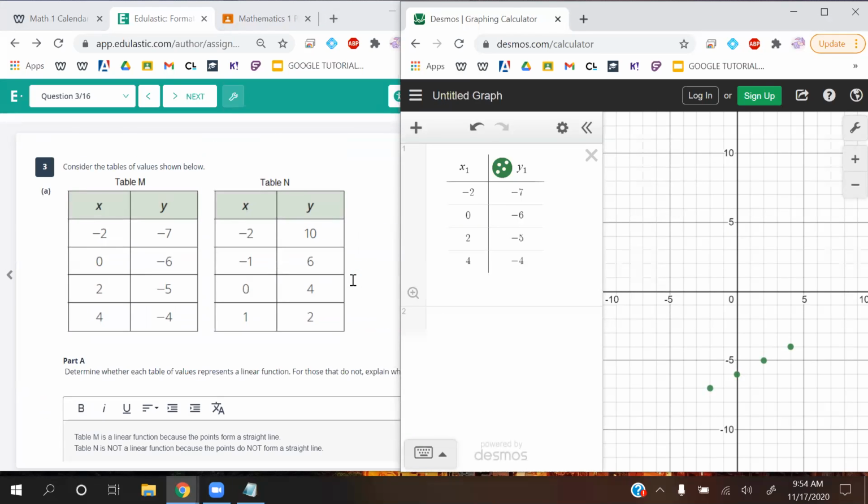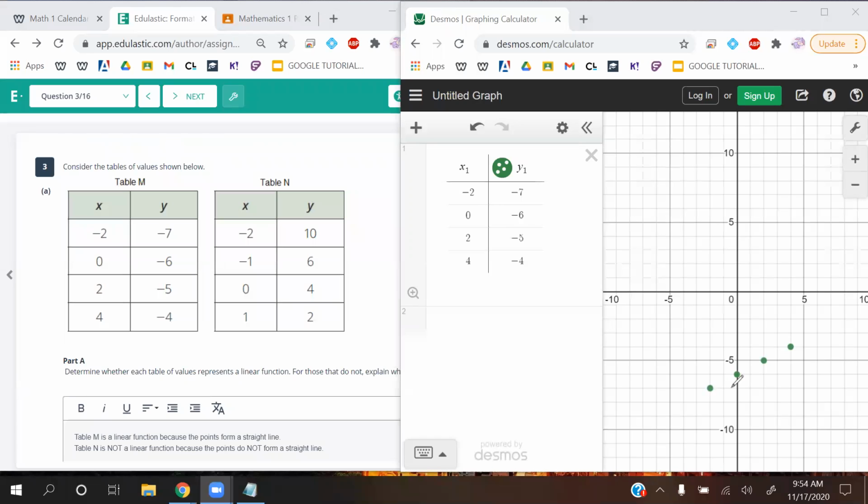So there are a few ways that you can approach this. You can do it from the graph, or you can do it from the table. I'll show you from the graph because I think visuals are nice.